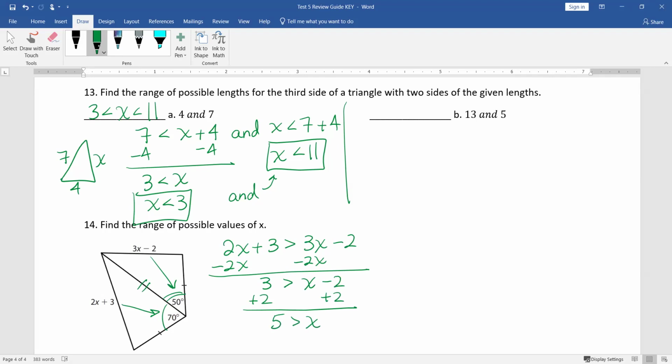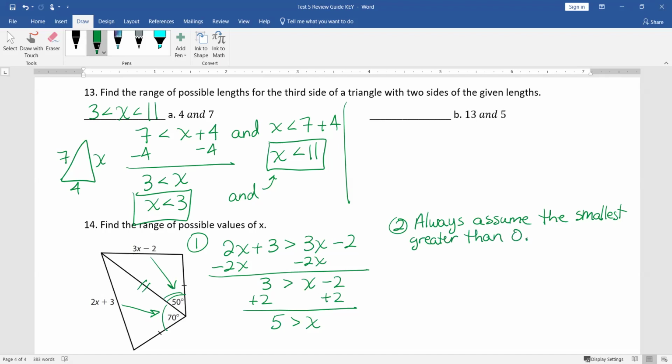Now, the second part of this is you always assume the smallest side is at least greater than 0. That's how you find the other end of your range. So our smallest side is the 3x minus 2.